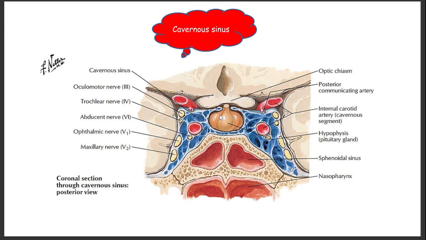At this same point, you also have the pituitary gland. So if you have a tumor of the pituitary gland, you are going to compress the optic chiasm, and so someone will end up with what we call hemianopia.